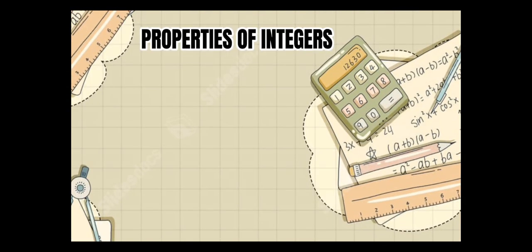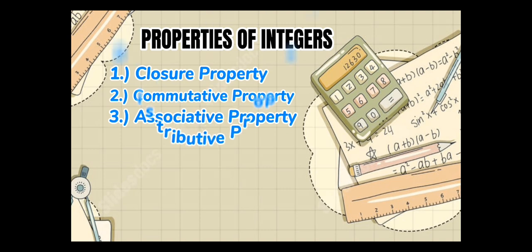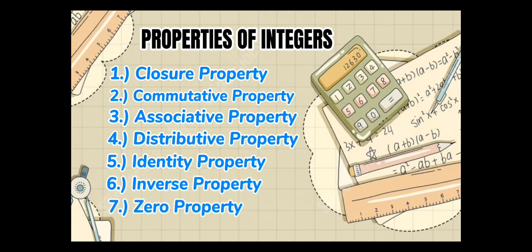Now, let's tackle the properties of integers. We have 7 properties of integers: the closure property, commutative property, associative property, distributive property, identity property, inverse property, and zero property. Let's discuss that one by one.